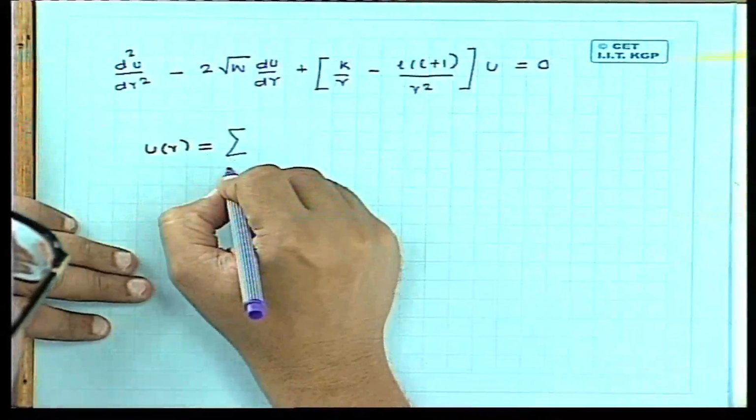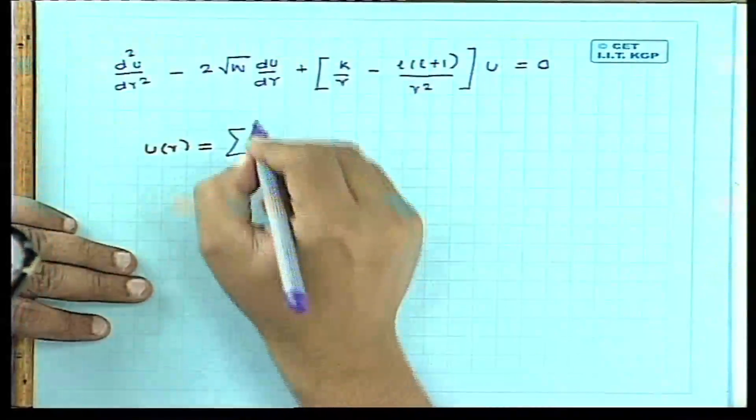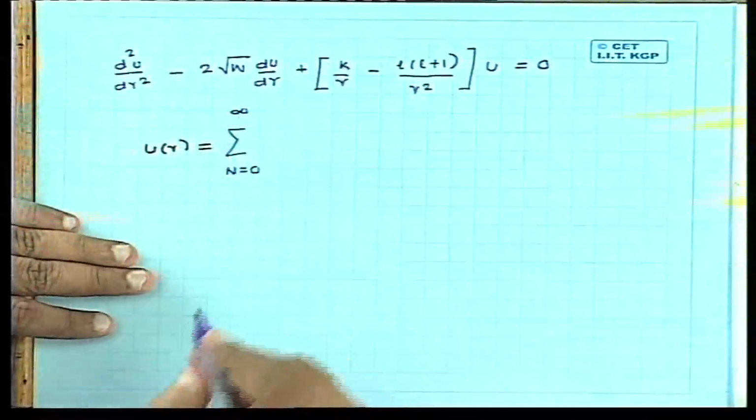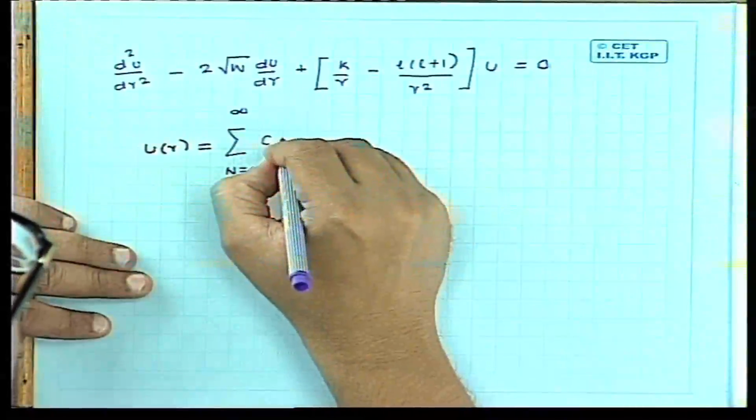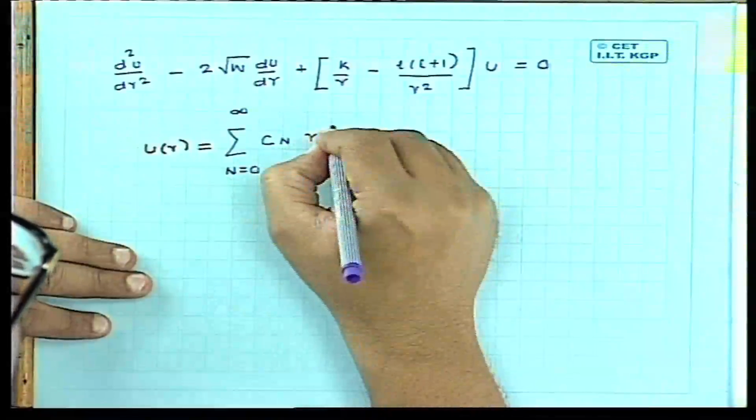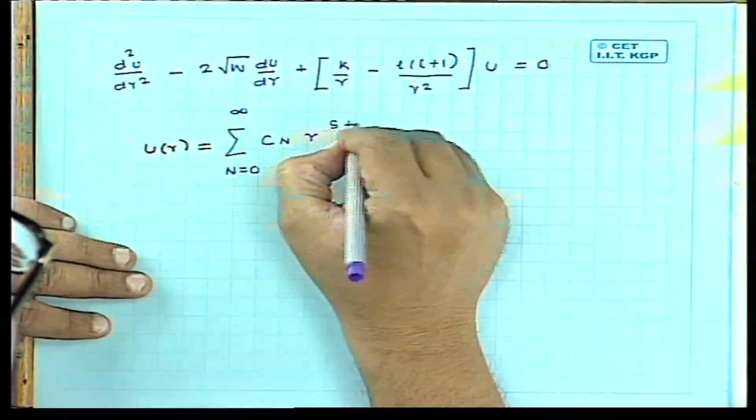So n goes from 0 to infinity, and we have c of n r to the power of s plus n.